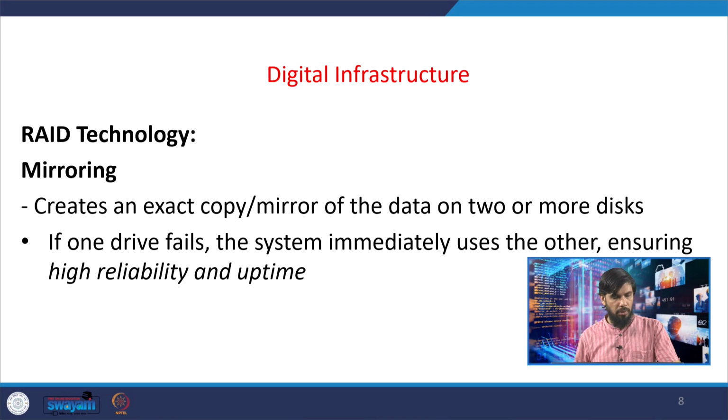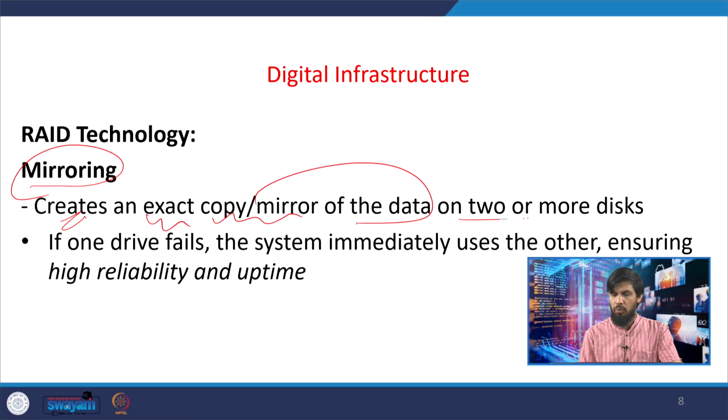And moving on, the next one is mirroring. What happens in mirroring? It creates an exact copy or mirror of the data on 2 or more disks, because the idea was to also provide data reliability.